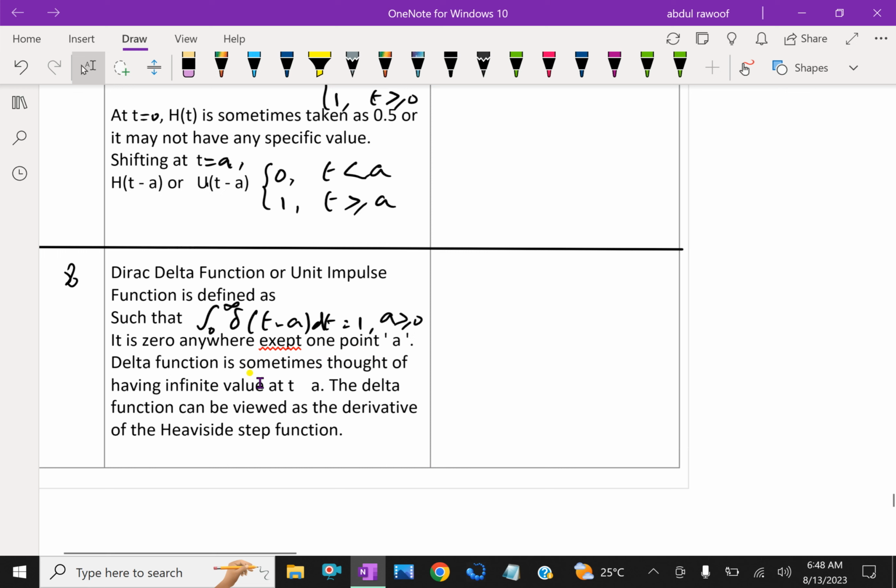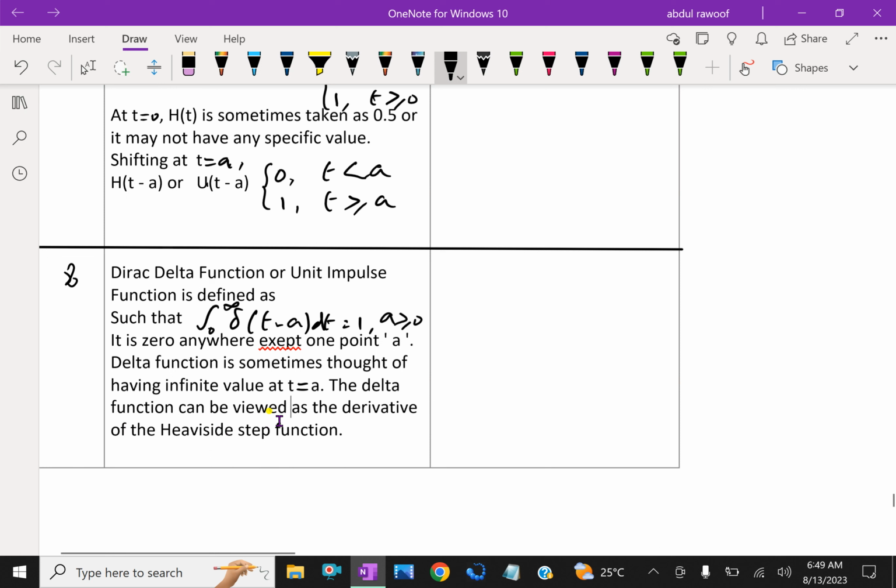The delta function is sometimes thought of as having infinite value at t equal to a, and zero where t is not equal to a.